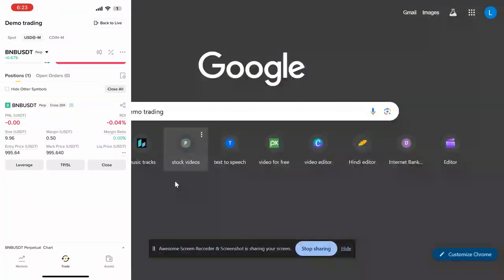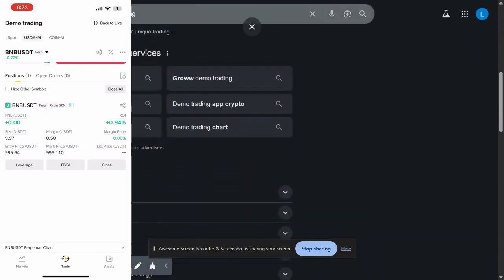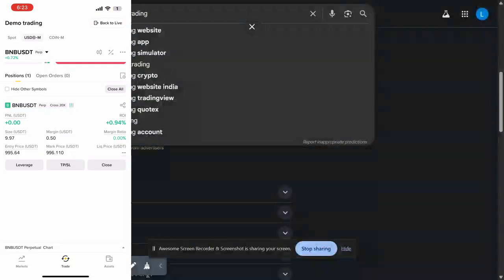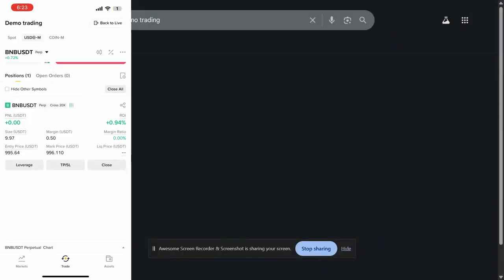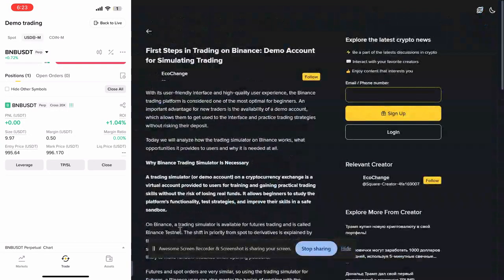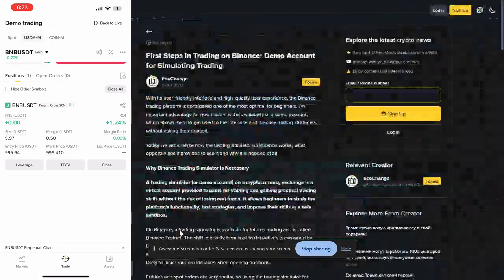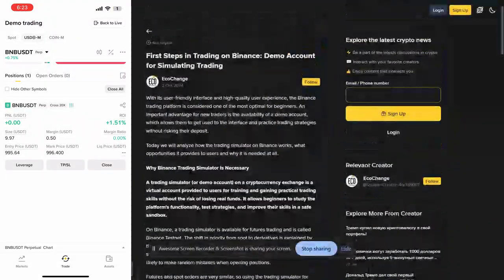Here if I type demo trading, I will show you how to do demo trading. There are many websites, but if I write here Binance demo trading and press enter, perfect. Click on the first link. Then click on the home button.